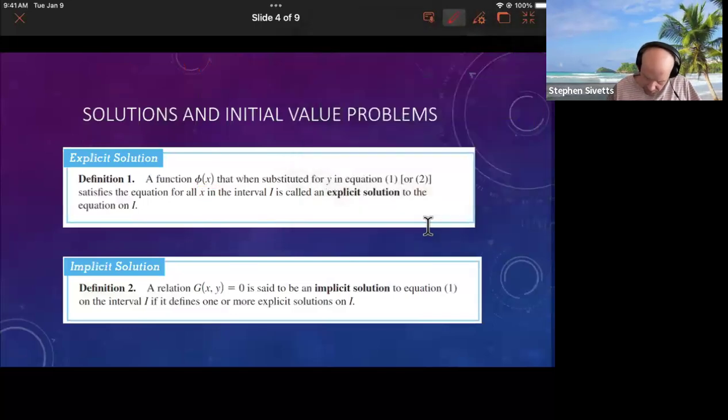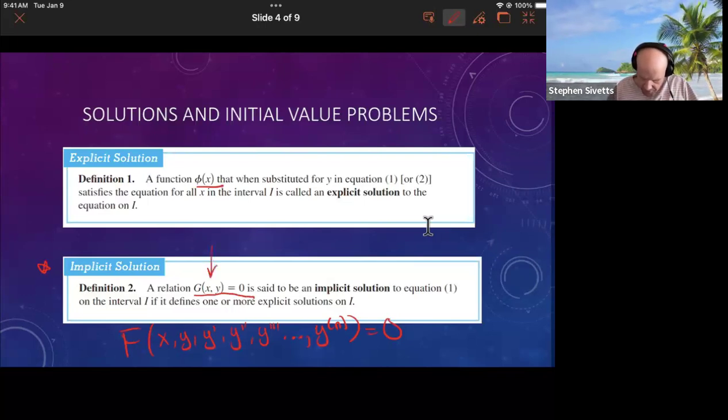So the implicit form, let me actually write it down here. So if you have a relation capital G of x, y being equal to 0 as an implicit solution, it has to satisfy this equation, right?